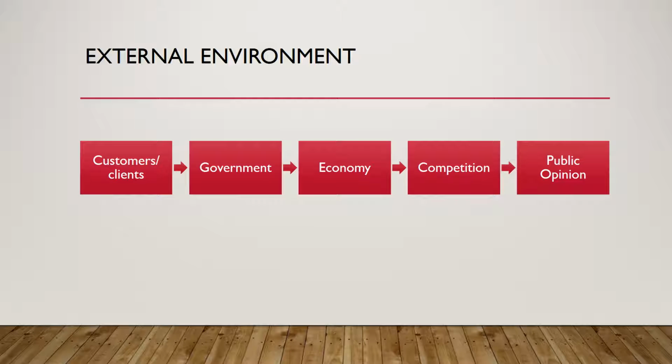So let's move to government. How can government influence a business's environment? Government regulations in product development, packaging, shipping, as well as, for example, waste disposal could significantly impact the cost of doing business, which will impact profits.